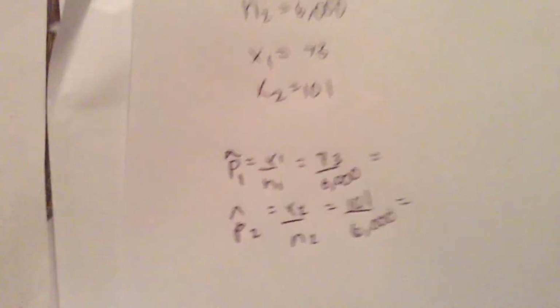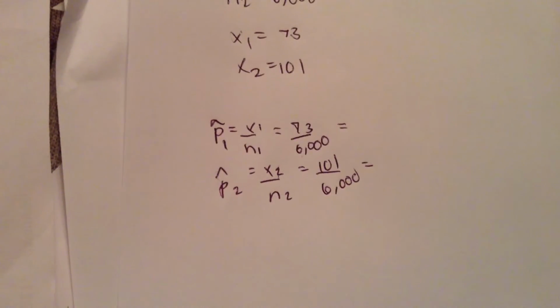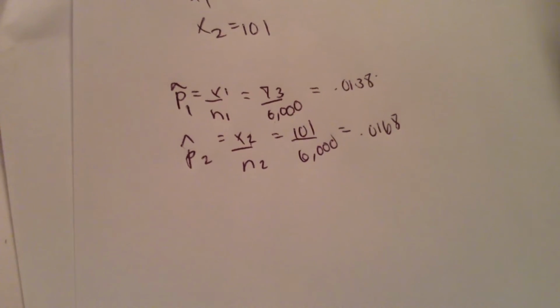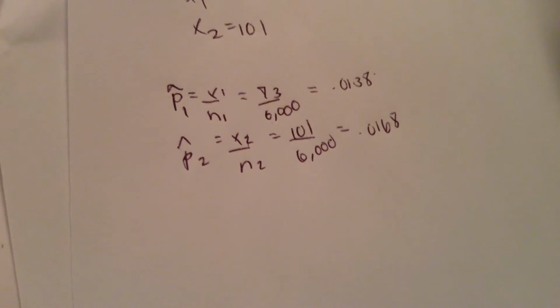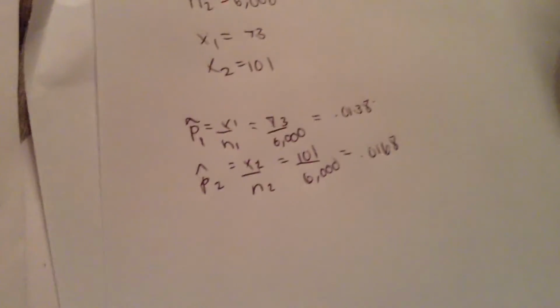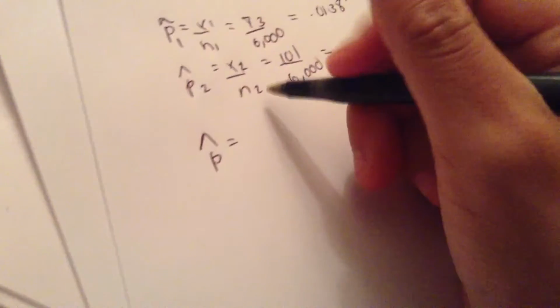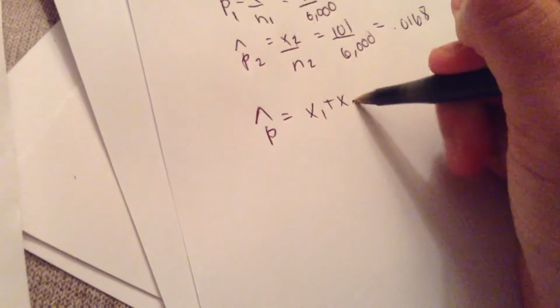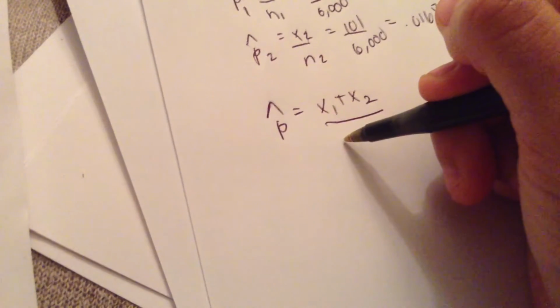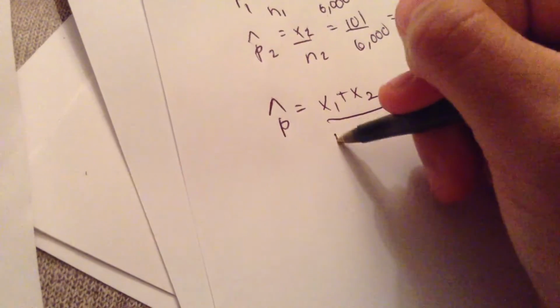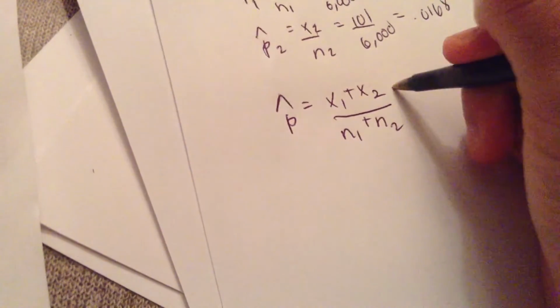Now we divide that. I divided each one, and I got that. Now we're going to plug all this information in. Oh wait, we need to do the p hat, which is part of the equation, which is x1 plus x2 over n1 plus n2.